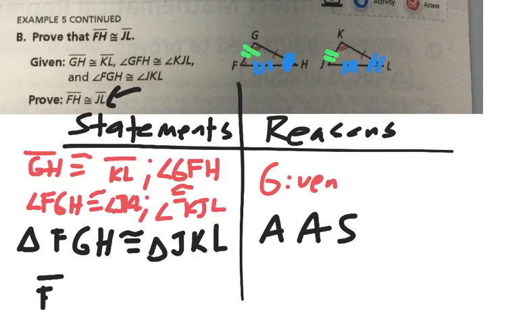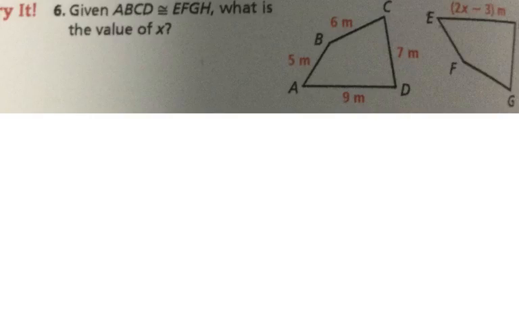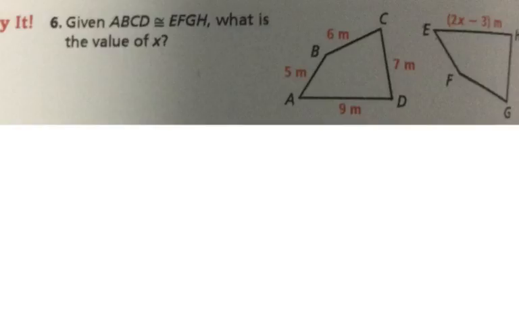So I now know that FH is congruent to JL because corresponding parts of congruent triangles must be congruent. CPCTC. This time we're not necessarily working with triangles, but it still follows the same stuff we've learned before.